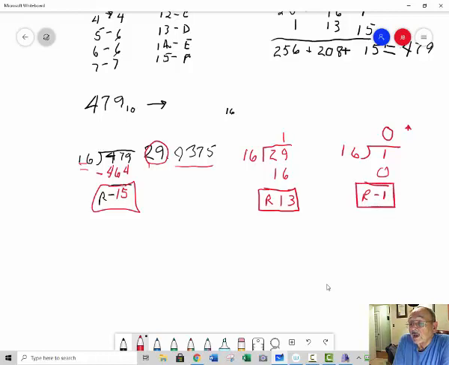Okay, now those remainders: 1, 13 next, and then 15.